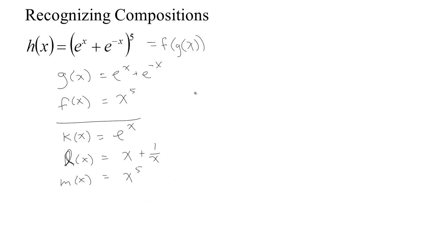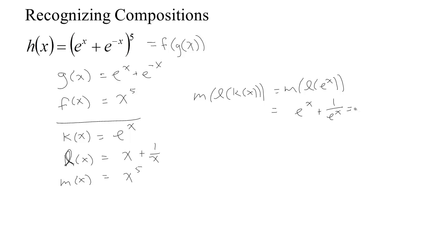So if I take m of L of k of x, I have now here a 3-step chain, right? First what happens is the number goes into k and out comes e to the x. Now what L does is it takes a number and adds its reciprocal.